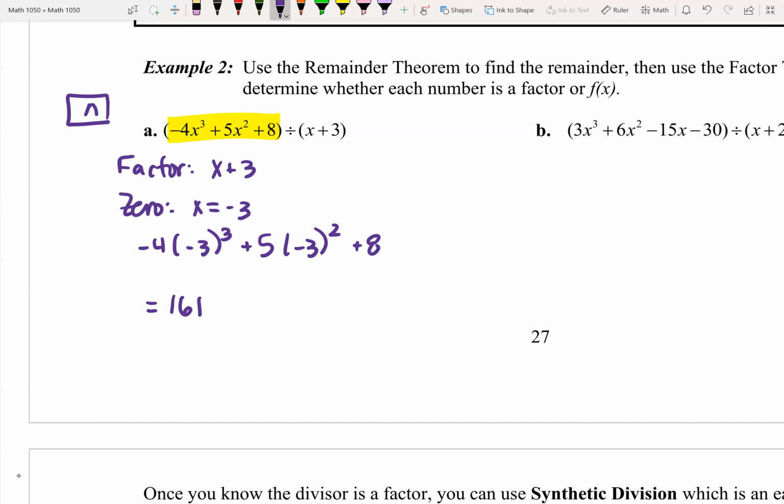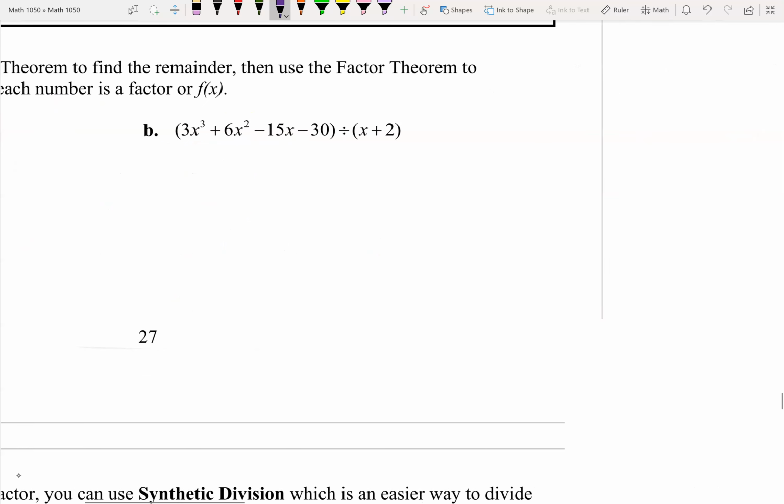So this is a yes or no question. Is x plus 3 a factor? And lots of you are shaking your head no. How do you know that the answer is no? Because you actually had a remainder. You had a 161 instead of a 0. So is x plus 3 a factor? No, it's not. Okay, let's do the next one.